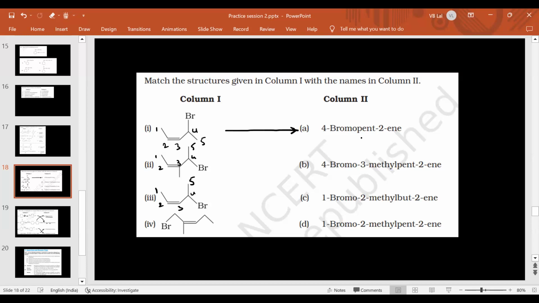So 4-bromo. So these answers are not matching. I'm sorry, leave this question, we will do it. There's some error here.